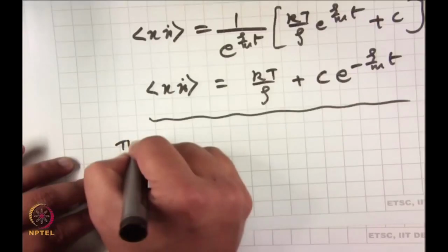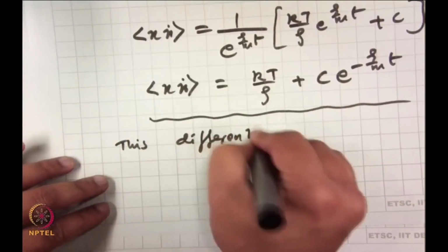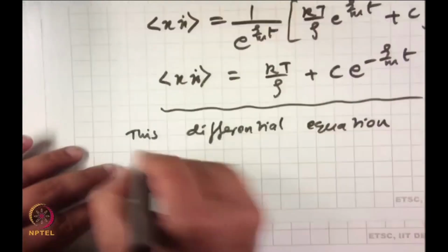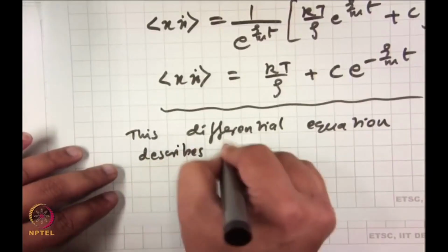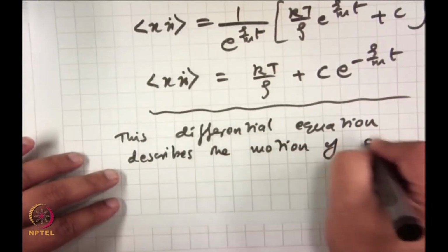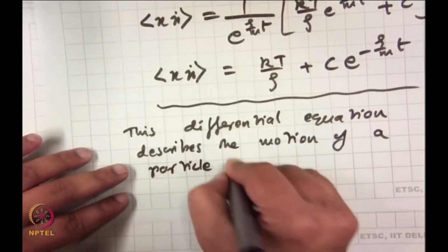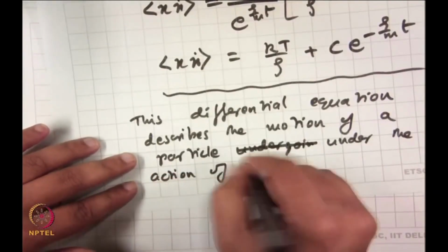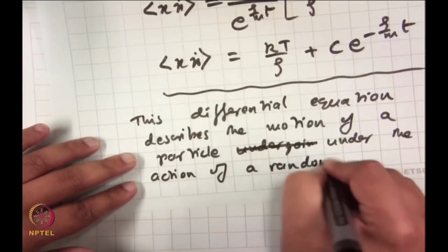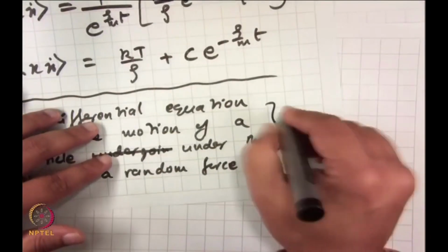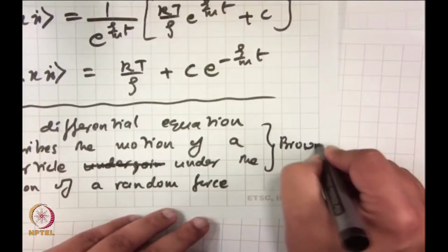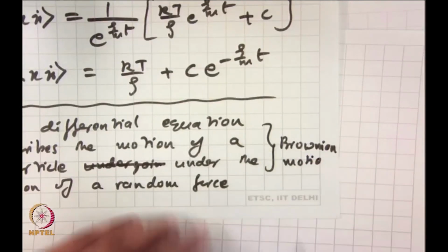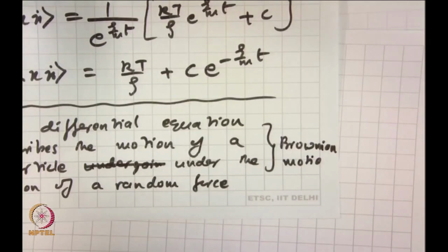So, this differential equation describes the motion of a particle under the action of a random force, which in effect is the Brownian motion. So, this is typically the differential equation you solve. Okay.